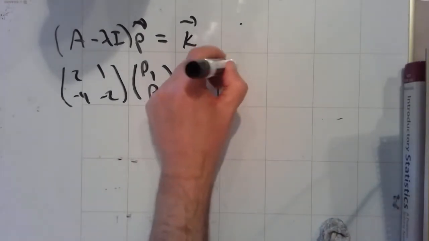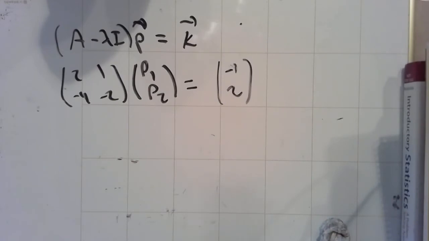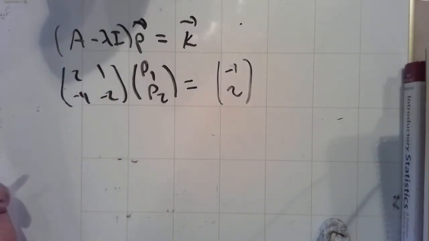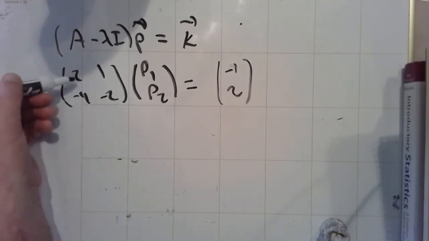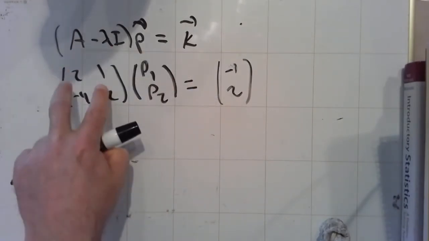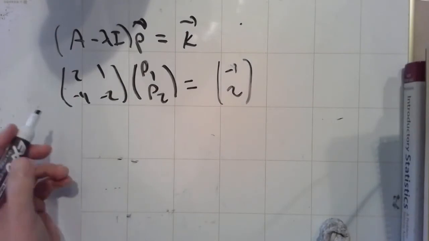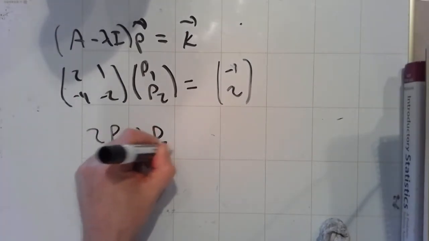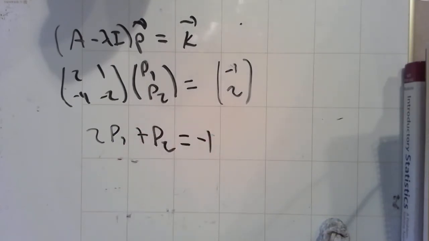I think we had negative 1, 2. Again, these are not independent equations. These equations are dependent. We just need to solve one of them. So I'll do the top one. Row times column equals the top element, 2p1 plus p2 equals negative 1.